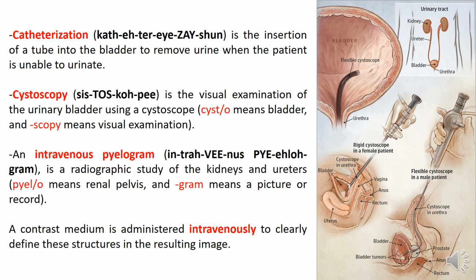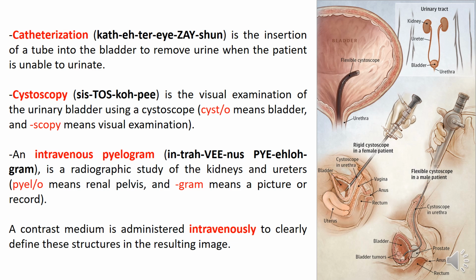There are interventions regarding the urinary bladder and urinary system. Catheterization, القسطار, is the insertion of a tube into the bladder to remove urine when the patient is unable to urinate. In our medical practice, we deal with urinary catheterization daily by using a Foley catheter.